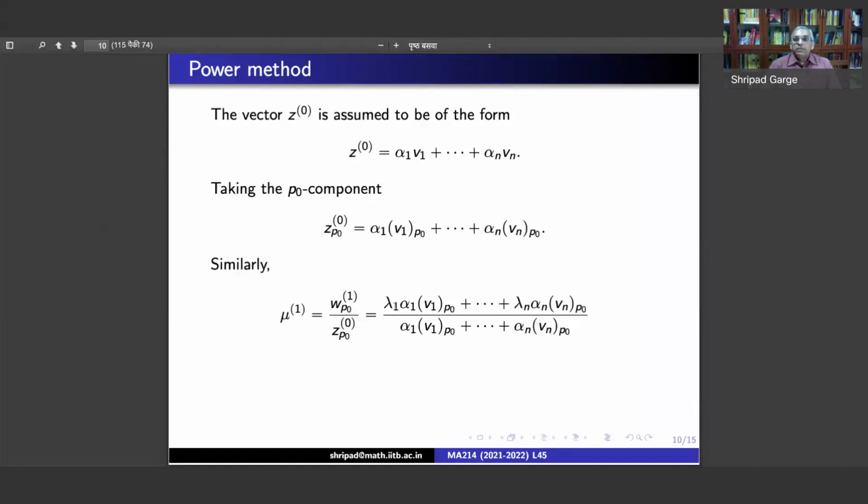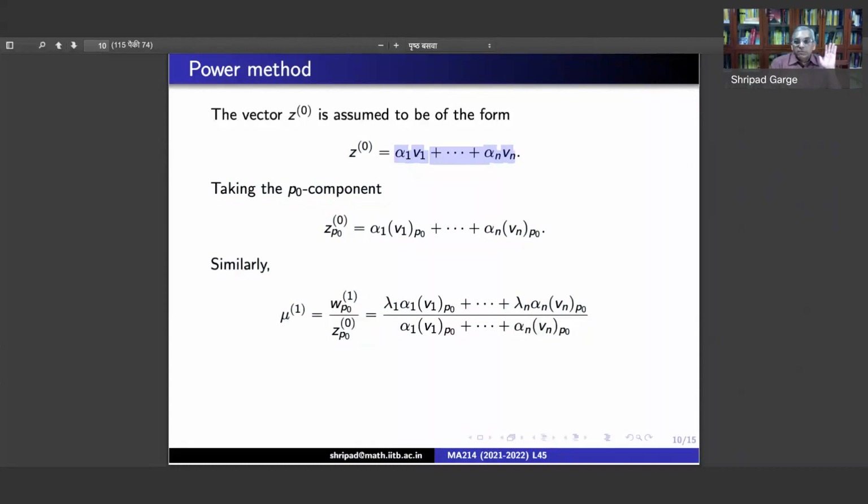But we observe that these lambda 1 and lambda n have come in the numerator. That is because you have applied A to the vector z0, which is to say that you have applied A to the right hand side, alpha 1 v1 up to alpha n vn, and that is the same thing as applying the matrix A to each of v1, v2, vn, which will give you the eigenvalues lambda 1 up to lambda n.